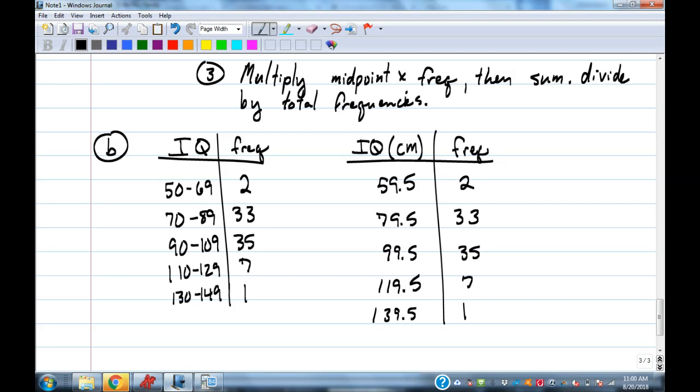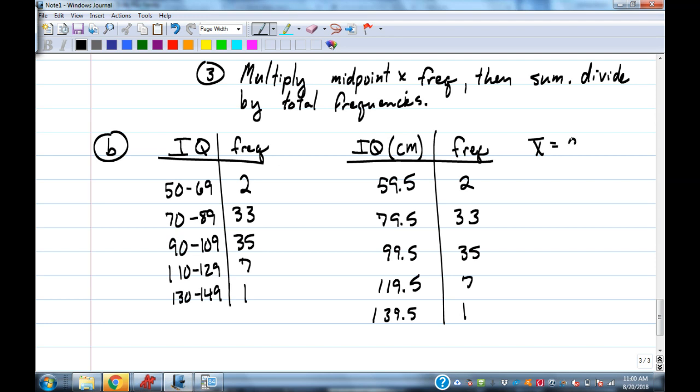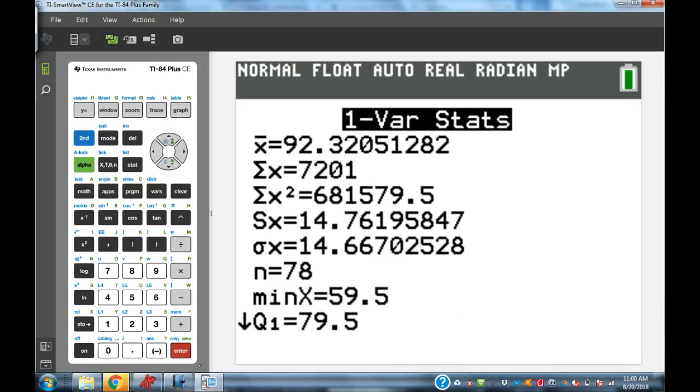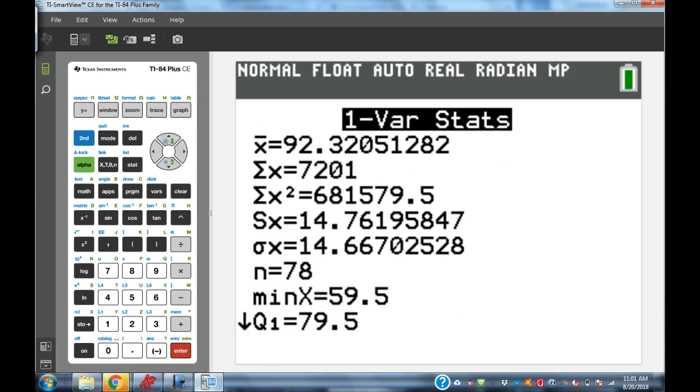So all of our data values from the original data had 0 decimal places, so we can have 1 decimal place. So our mean is 92.3.